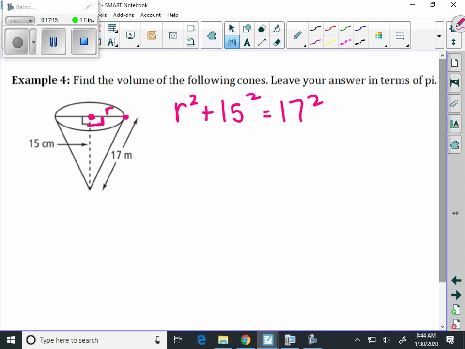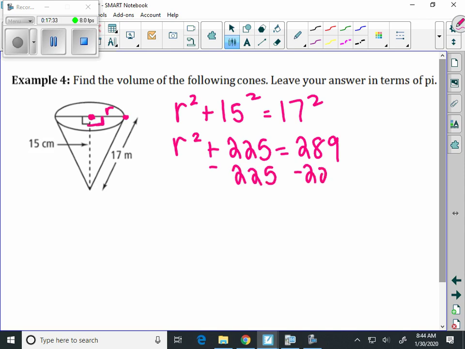And when we type this in, we get r squared plus 225 equals 289. Again, use your calculator, use Desmos, just trying to save a little bit of time from typing it in. We can subtract 225 from both sides, and we end up with r squared equals 64.